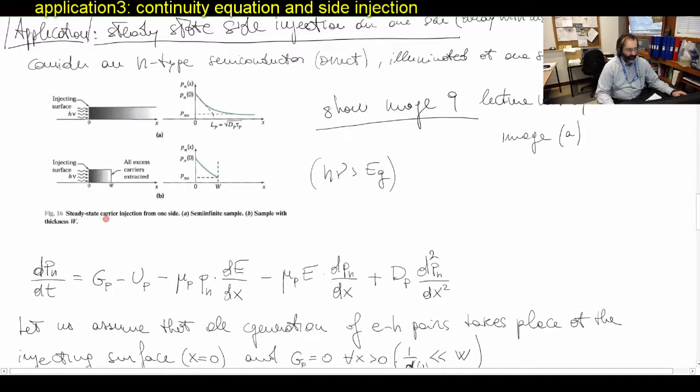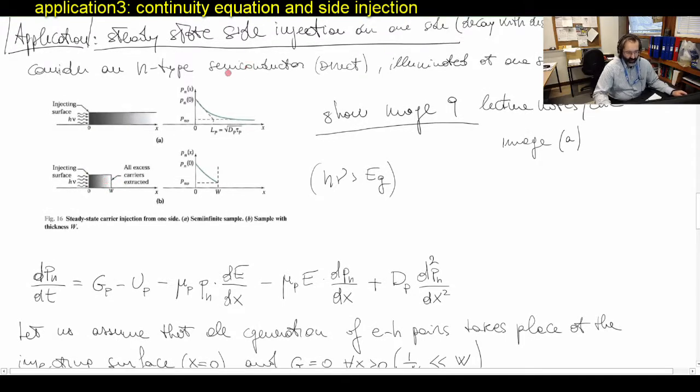According to the solution we've just got, if we consider this point, let's say that this is W, even at this point we still have some excess carriers due to those generated at the very surface.